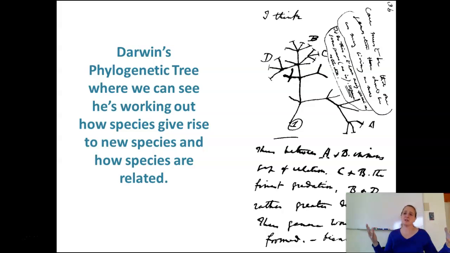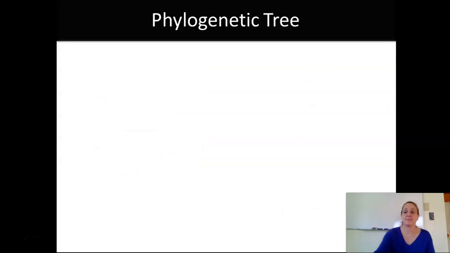Now, we total up everything that we know, from the DNA to the RNA. We're going to plot our understanding of how species are related to one another on something called a phylogenetic tree. And Darwin started working this out. He was starting to think about how species give rise to new species, the similarities, those ancestral traits, the derived characteristics.